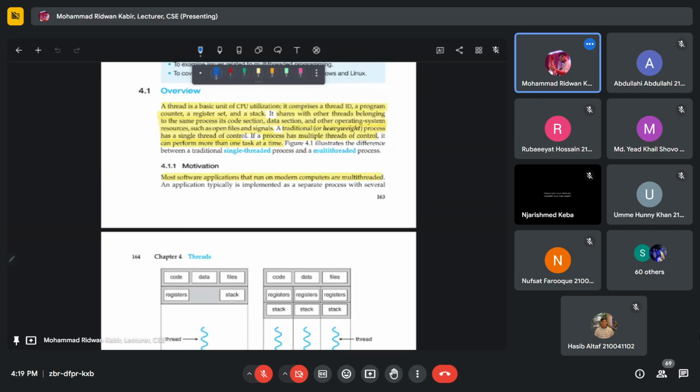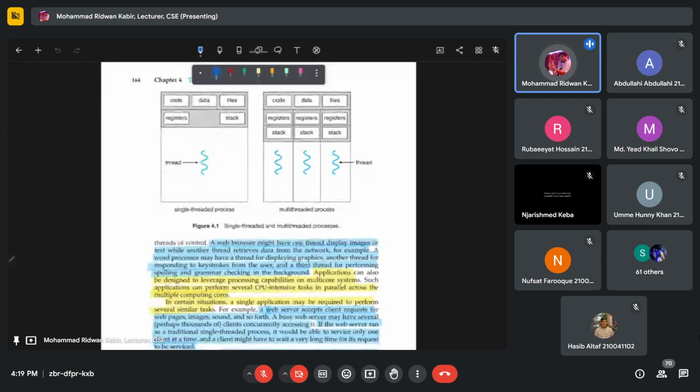Why? Because whenever your web browser is executing another task, it is executing in a blocking mode. That means it will not respond to any input from the user before finishing the task at hand, right? So to resolve these types of issues with graphical user interface interactions, the threaded architecture or multi-threaded programs are mostly used.